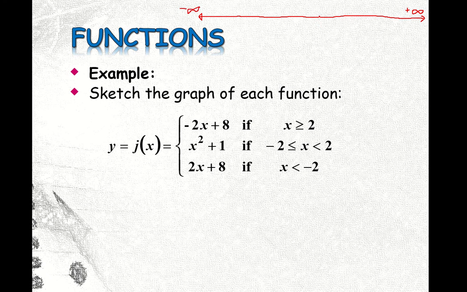So assuming this is our 0 here, we consider this as our 1, this is our 2, and we have here minus 1, minus 2.